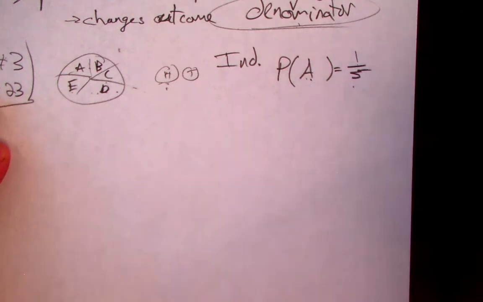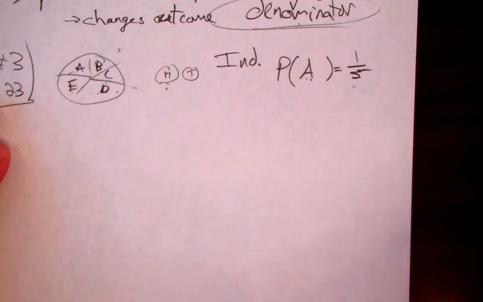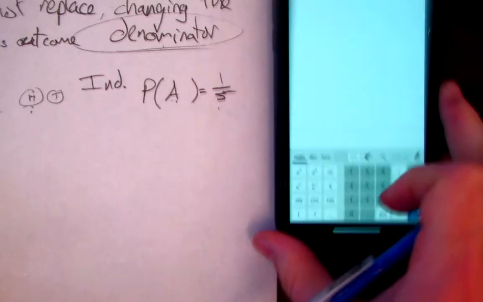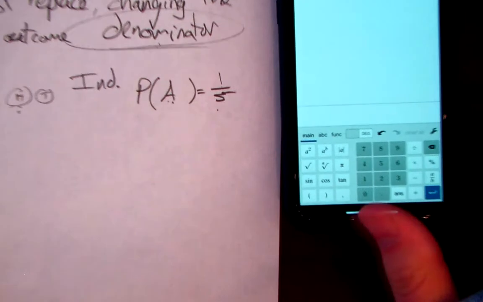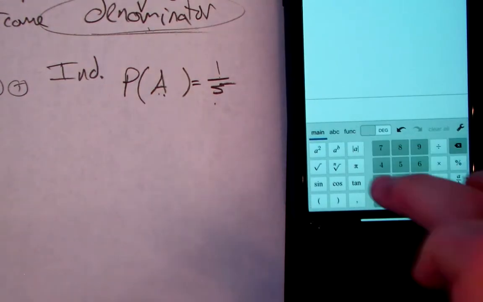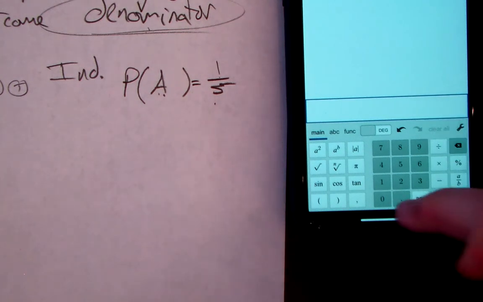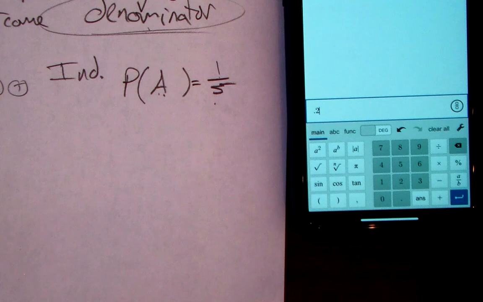Again, you can use that Desmos calculator for yourself to figure out, okay, how do I change from this fraction of 1/5 to a decimal? Or if you have that decimal, let's say 0.2, how do I change that to a fraction?